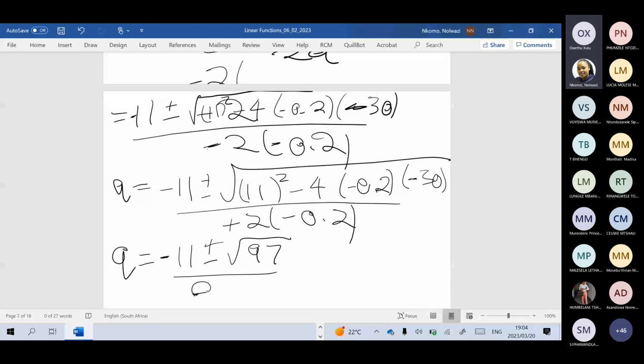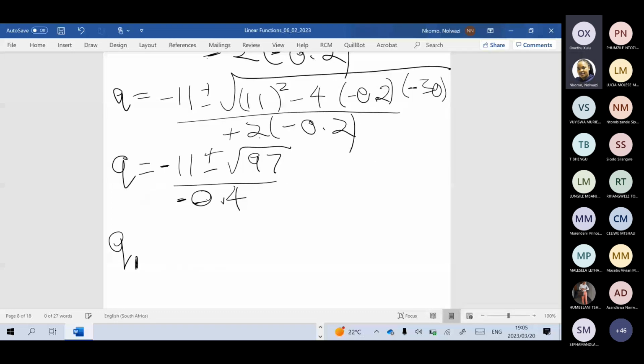Since this is greater than 0, you'll get two roots, Q1 and Q2. And if this is less than 0, the square root of a negative number is undefined, so we'll get imaginary values.